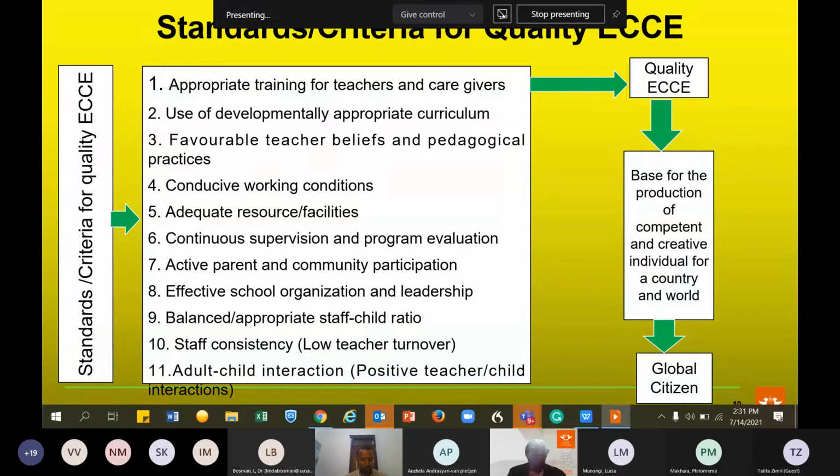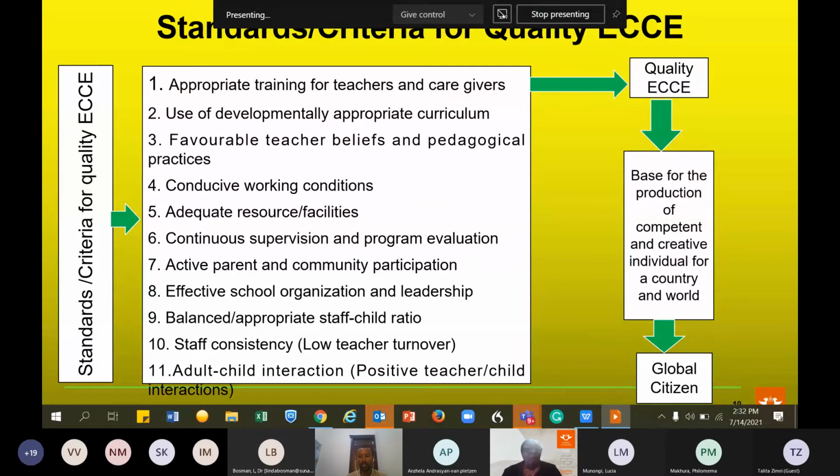And the other one is continuous supervision and program evaluation. The ECC program should be evaluated continuously, and there should be monitoring. And the other one is active parent and community participation.